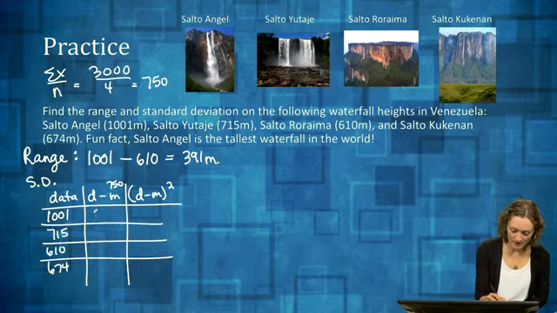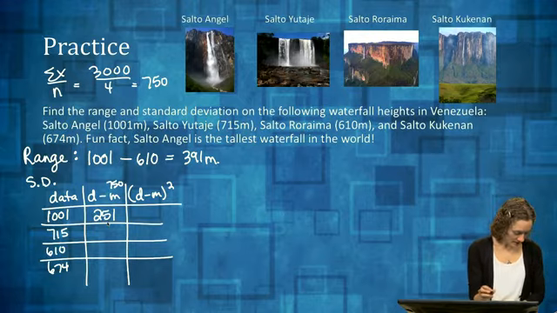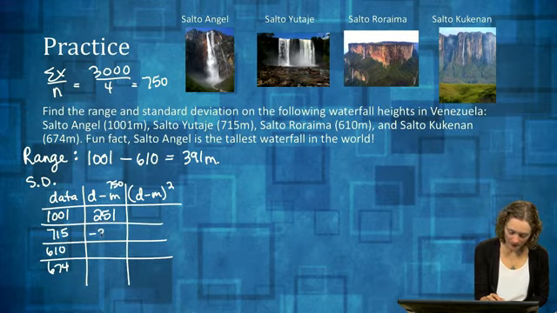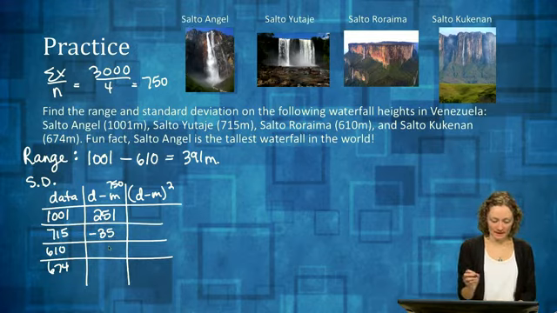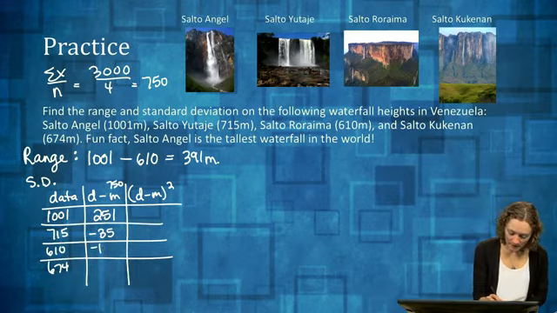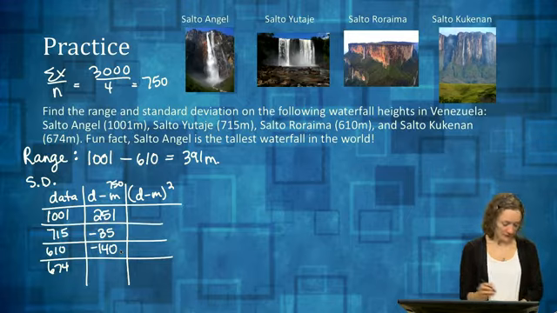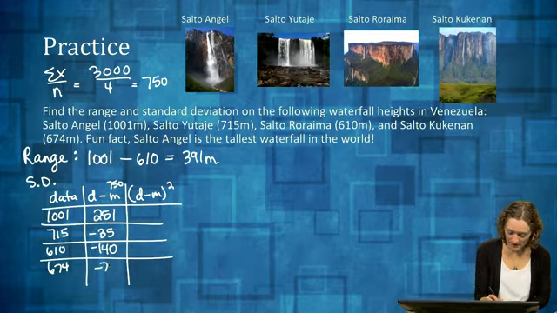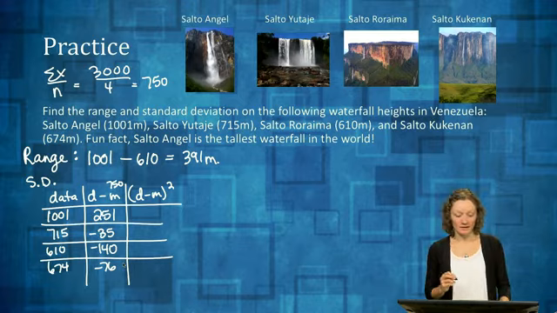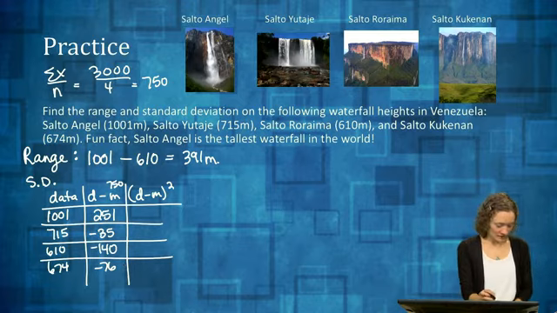So we have data point minus the mean, which is 750. 1001 minus 750 is 251. 715 minus 750 is negative 35. 610 minus 750, negative 140. 674 minus 750, negative 76. Okay, then we take that number and square it.